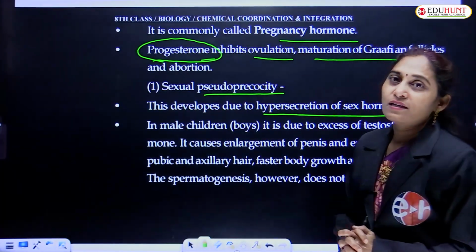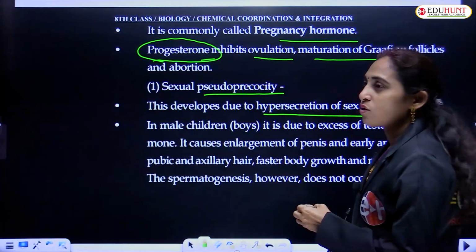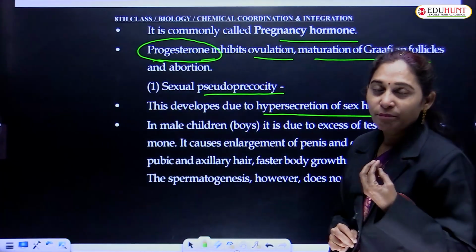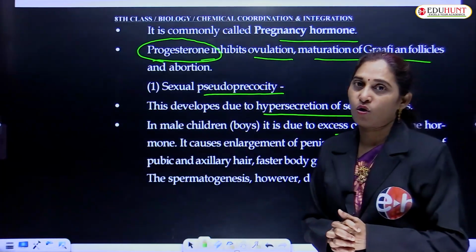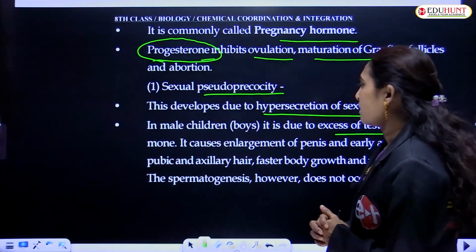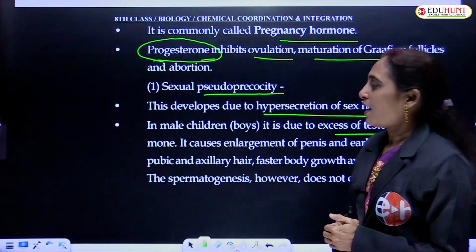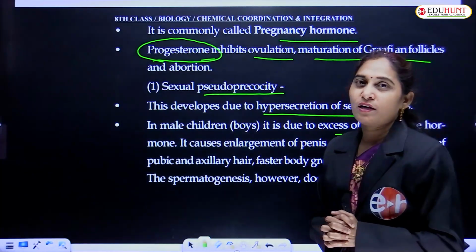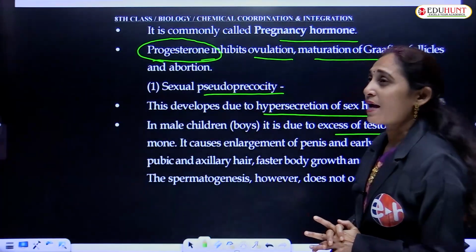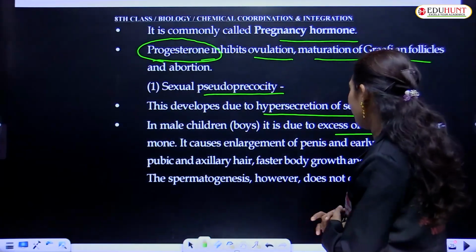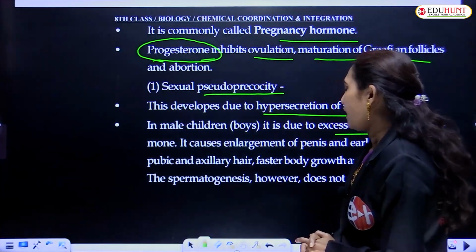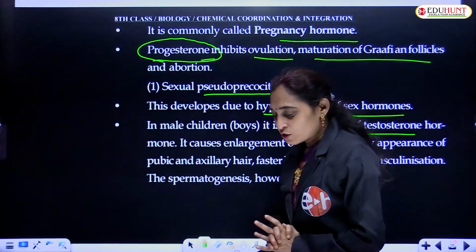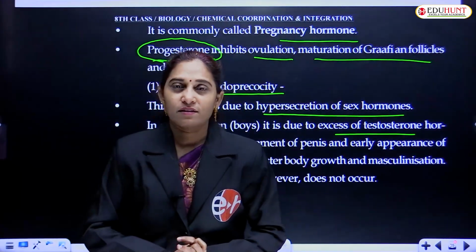And in males, that is in boys, breast size increases due to excess of testosterone hormone. It causes enlargement of penis and even early appearance of pubic and axillary hair and faster body growth and muscular development, and no spermatogenesis occurs.